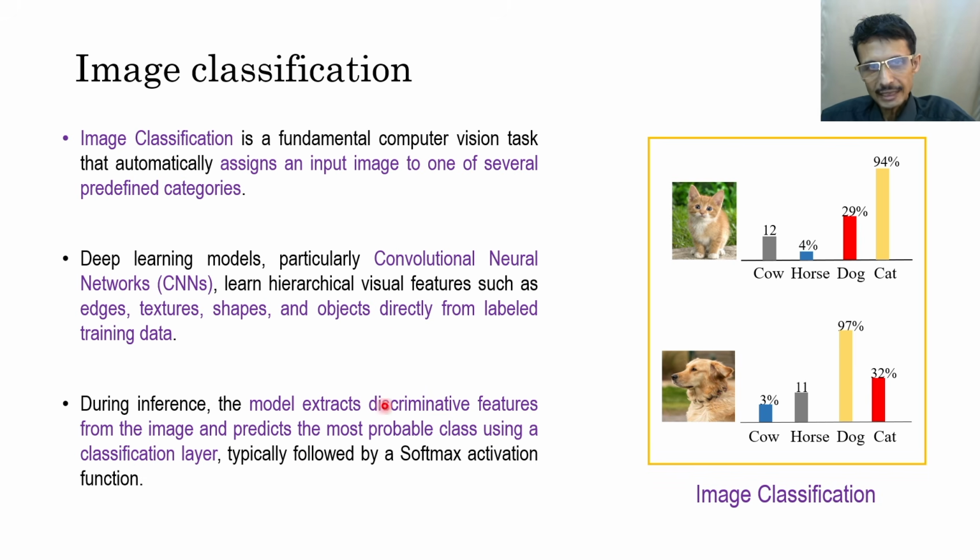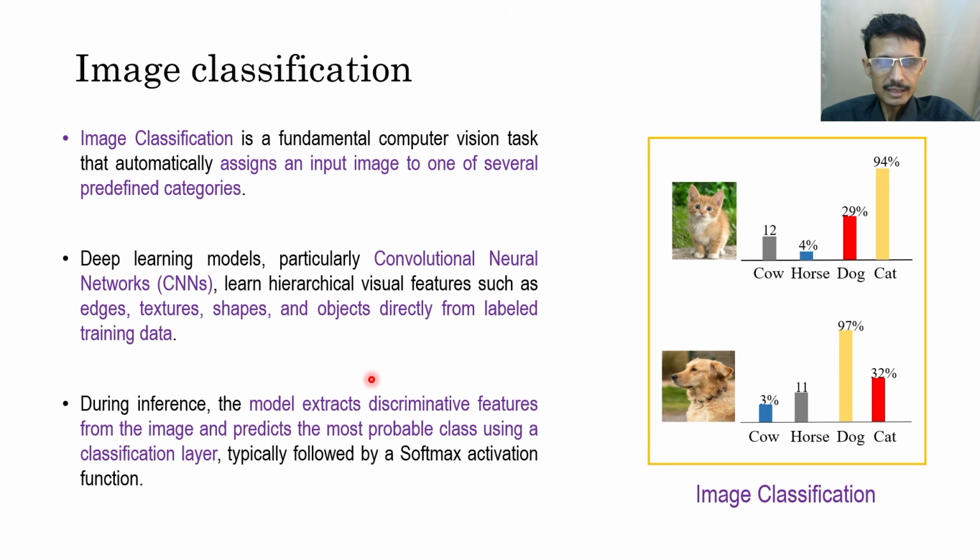So what we are actually doing is the two basic parts of this kind of convolutional neural network. A convolutional neural network is in general non-generative. It first automatically extracts features like edges, textures, shapes, and objects directly from the labeled examples.